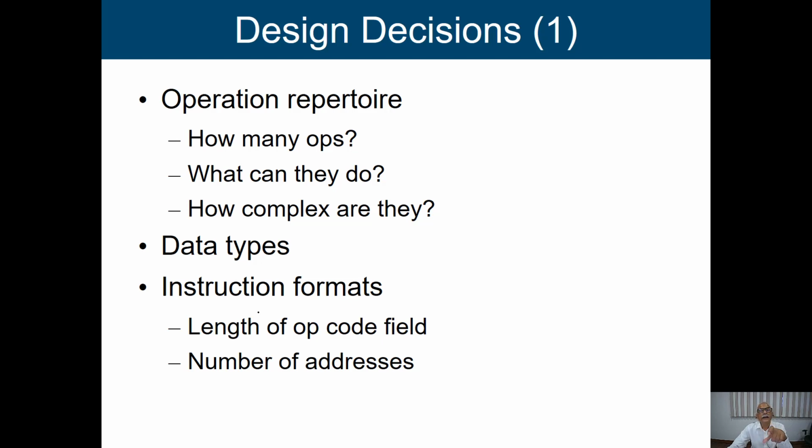So as a designer, you have to identify these issues, and accordingly you design your instruction set and say what kind of operations that you are going to keep in our processor. So this is a design decision.